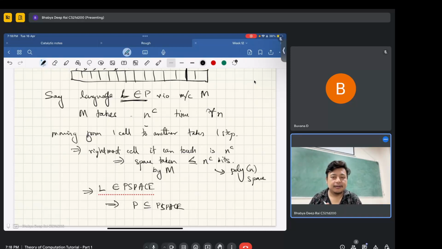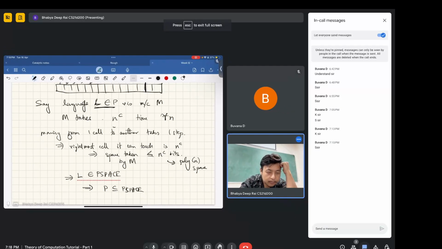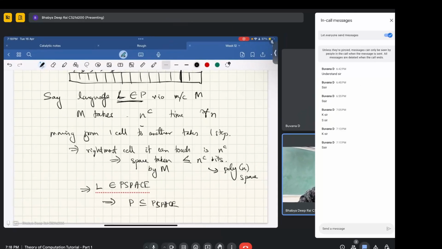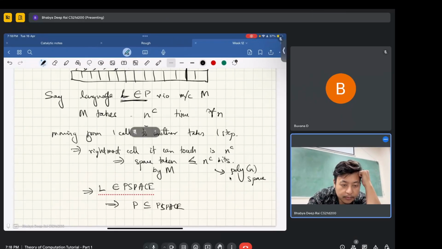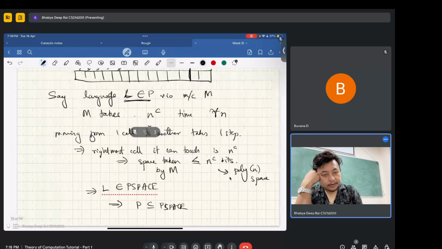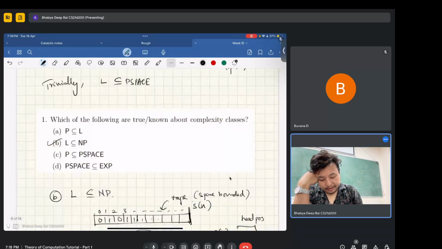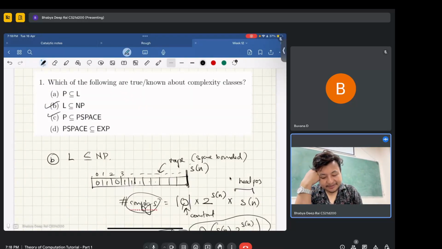Clear, right? So P is contained in PSPACE, and look here, PSPACE is contained in EXP.